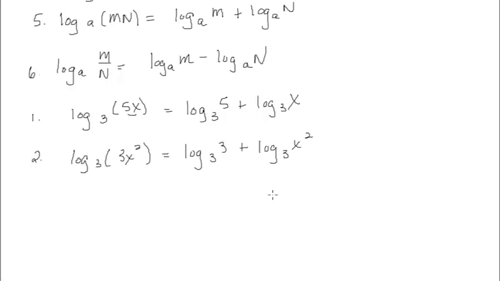Now you should always simplify too. Here you should notice that the base and the argument are the same, so I know that this is going to be 1. And this exponent will come down as a coefficient, based on one of the above properties as well. So this is the same as 2 times log base 3 of x.